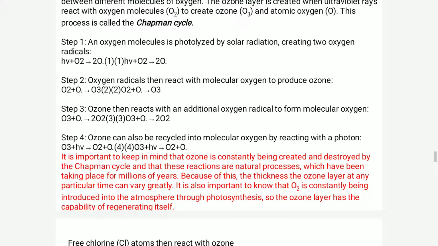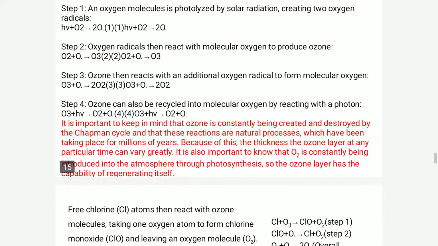Because of this, the thickness of the ozone layer at any particular time can vary greatly. It is also important to know that oxygen is constantly being introduced into the atmosphere through photosynthesis. So the ozone layer has the capability of regenerating itself.